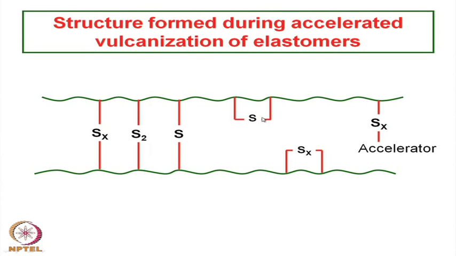The cyclic sulfide, SX or this kind of linkage, goes for wasteful utilization of sulfur; this is unrequired and is to be avoided, whereas the presence of these two will be very efficient for making a stable as well as strong rubber product. Thank you very much.